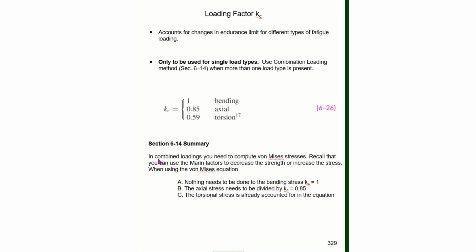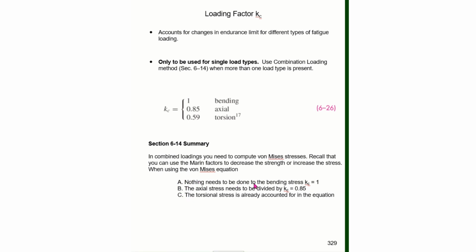So, in combined loadings, you need to compute a von Mises stress. And recall that you can use the Marin factors to decrease the strength or increase the stress when using the von Mises equation. So we have these cases.